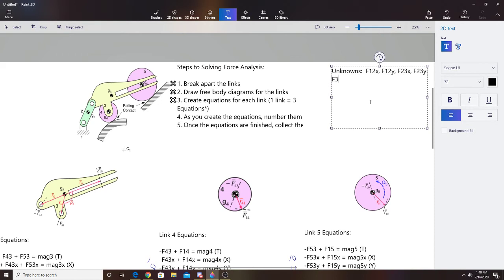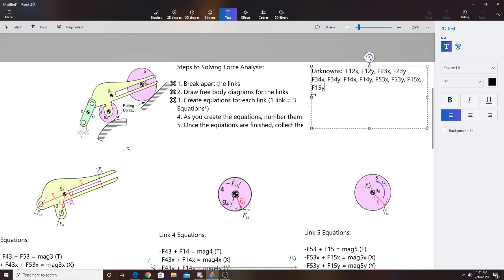Then we have f14x and y. Then we have f53x, f53y. We have f15x, f15y.